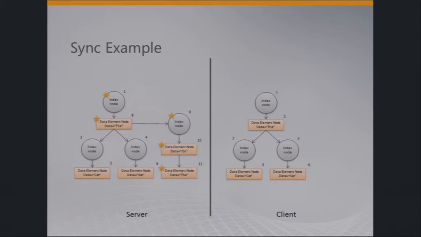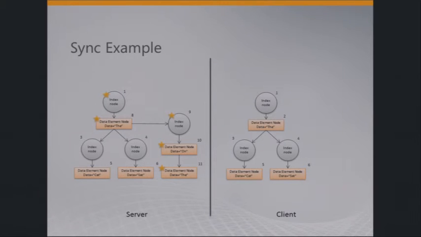Now the client makes another request. I was going to put on this slide the details of what the client was sending, but I just have to describe it because I ran out of time. This time the client has 1 through 6, and it can describe that to the server. It can say, hey, I query changes again, I have 1 through 6, and the server can then enumerate the set of changes that occur.